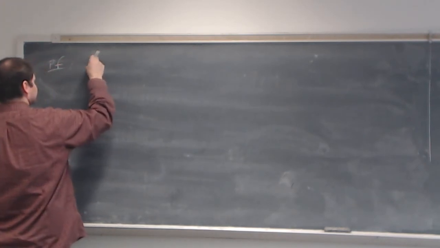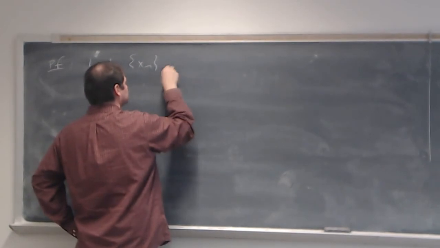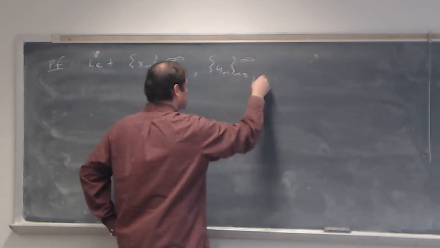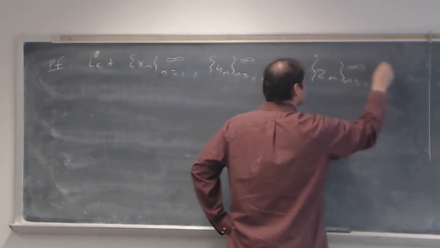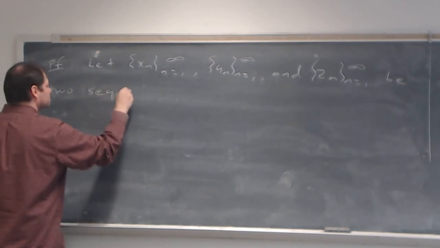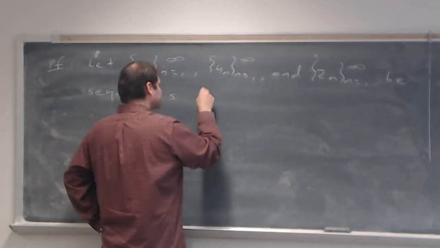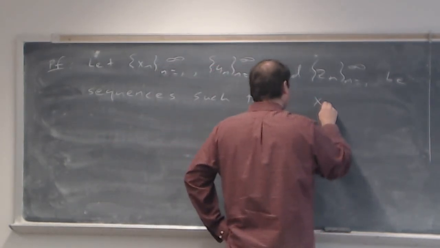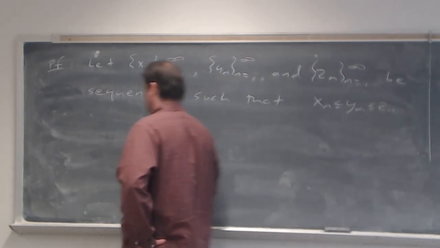We've got about 15 or 17 minutes. So we're going to let x sub n, y sub n, and z sub n be three sequences such that x sub n is less than or equal to y sub n is less than or equal to z sub n, and that's true for all n in the natural numbers.